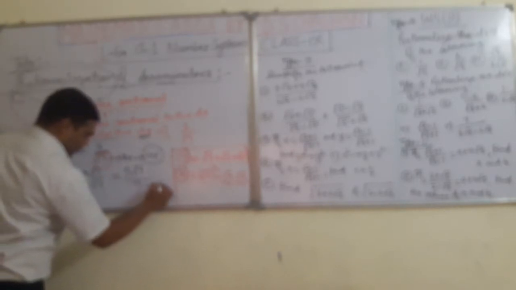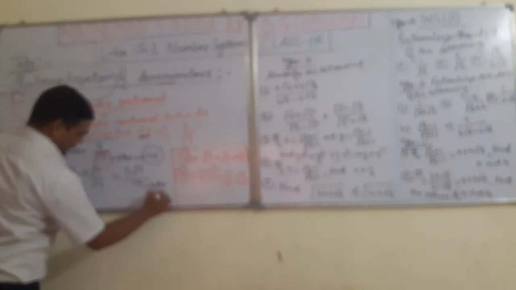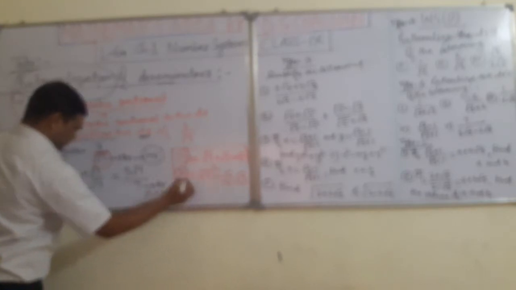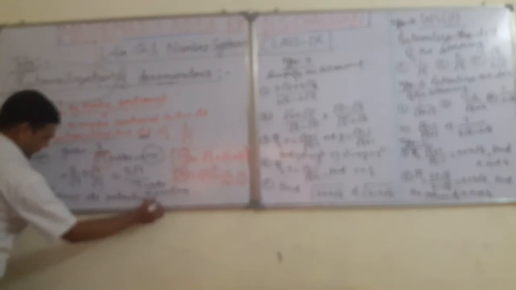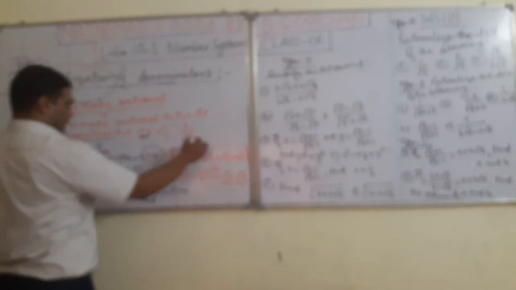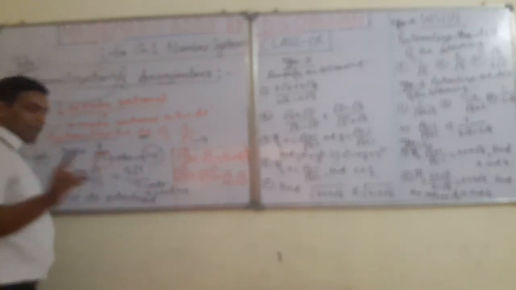Here this denominator 7 is a rational number. Hence we can say that the denominator is rationalized, means we are at such a stage where the denominator of the given number is now a rational number which can be written in the form of p by q. I hope you have easily got this point. Students, you may take many more questions related to it. See, I am telling you.